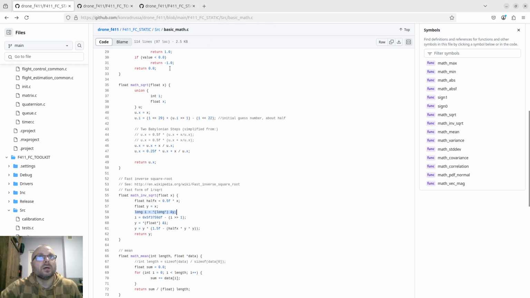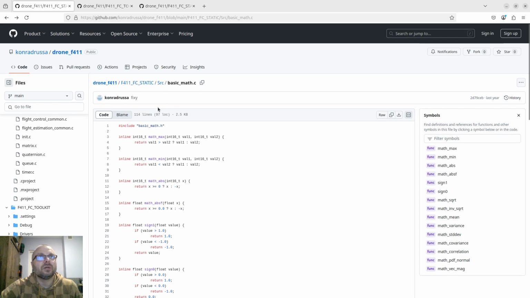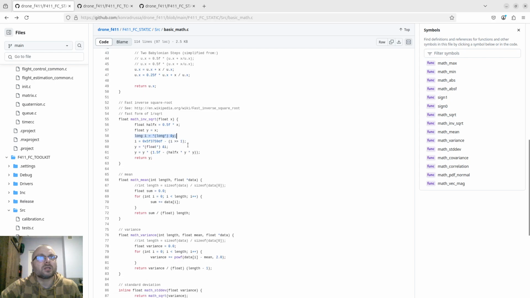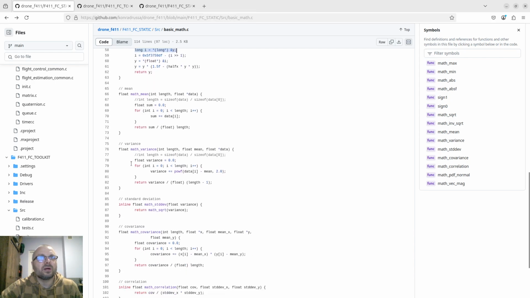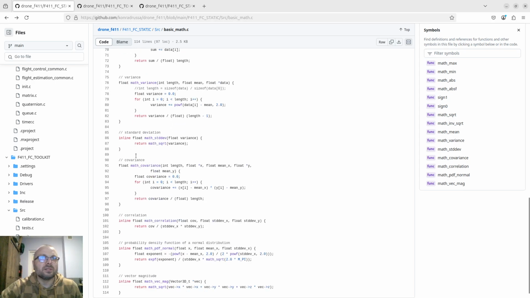You know the place in GitHub, and there is basic math. From that, what will be used? Mean, variance, standard deviation, but also covariance, and probably that should be length minus 1 to calculate covariance.